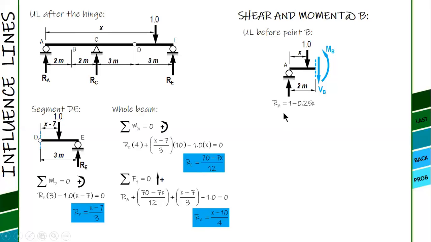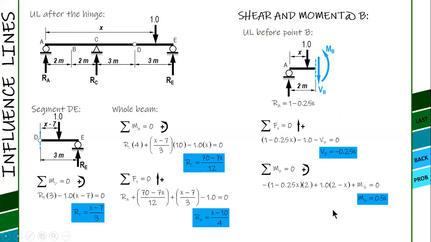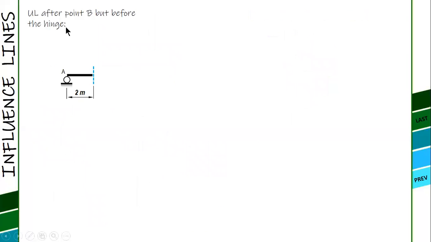So, before the hinge, point B, use statics, summation of forces in Y, this is VB, and then summation of moment, that's MB. Okay? And then, after point B, but before the hinge, the RA is as is. But the point is after point B. So the shear and moment, the reaction is the same, because it's still before the hinge.